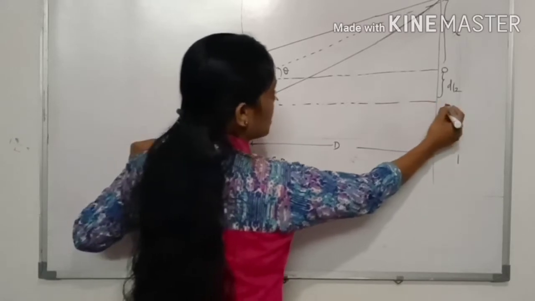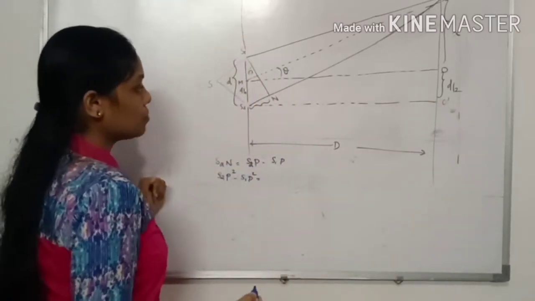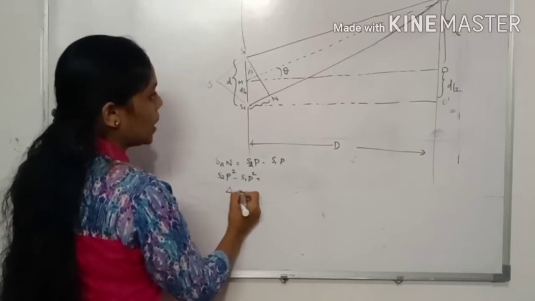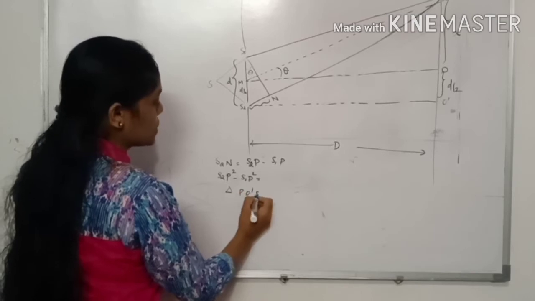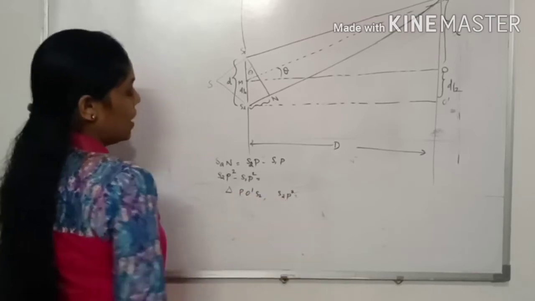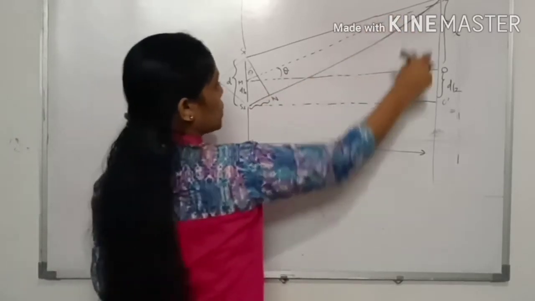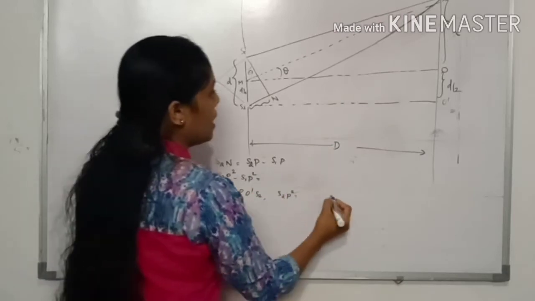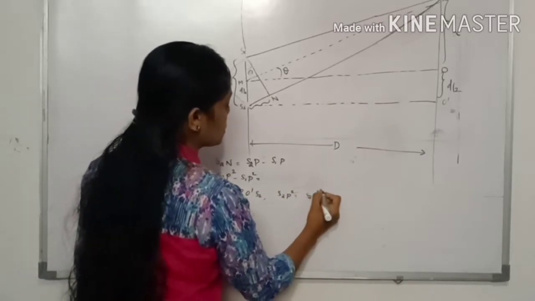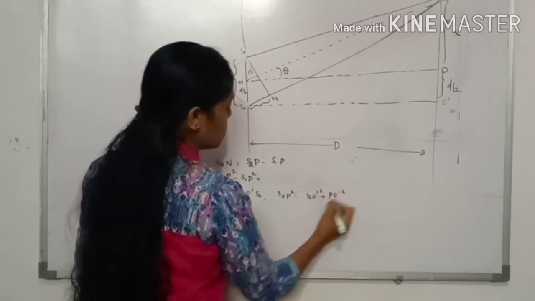Let us take this point as O dash, and from the triangle P O dash S2, you will get S2P square. S2P square is equal to, since this is the hypotenuse of this triangle, S2 O dash square plus P O dash square.